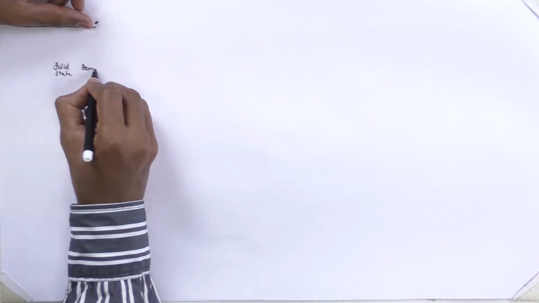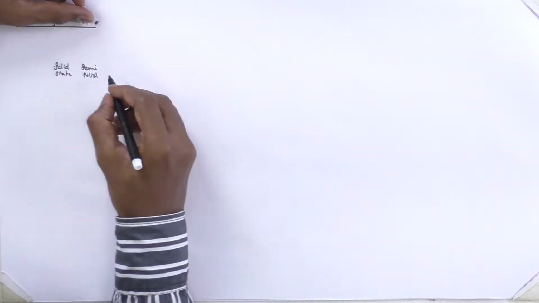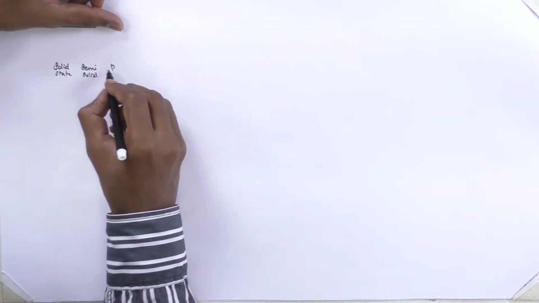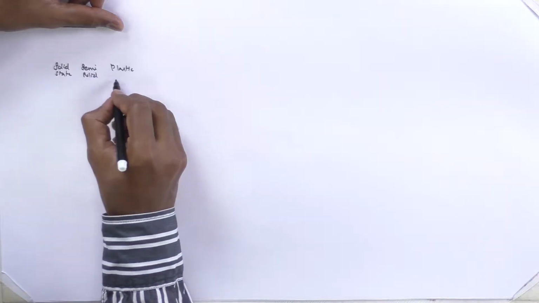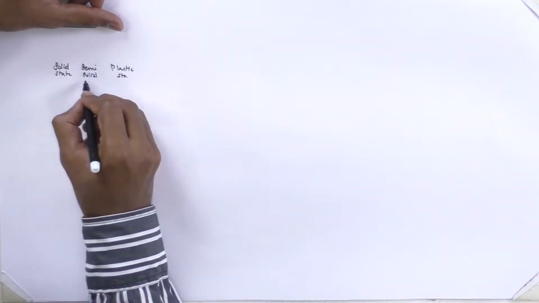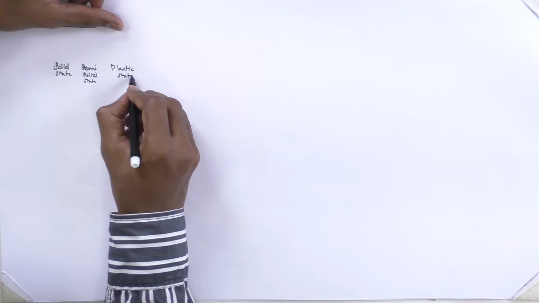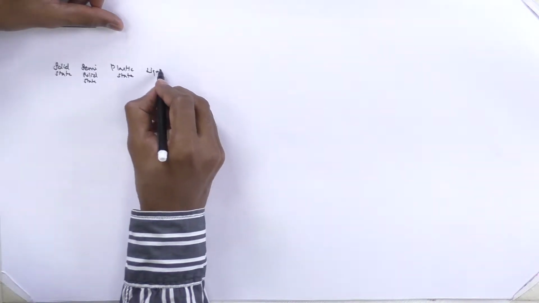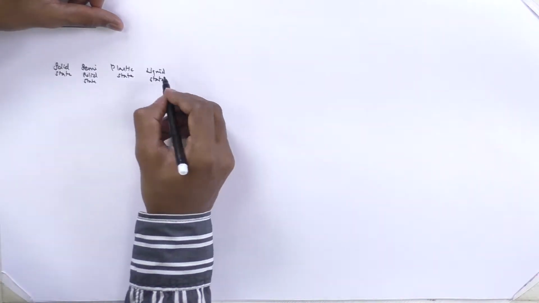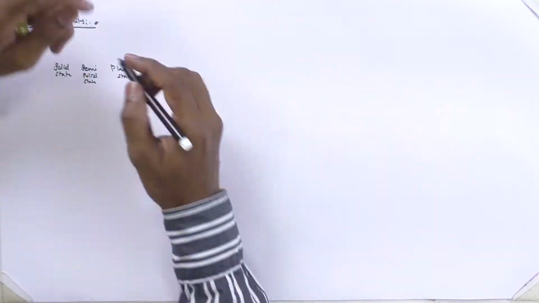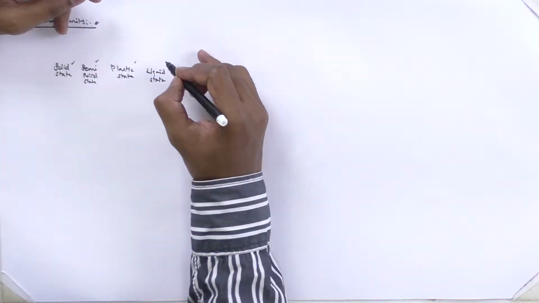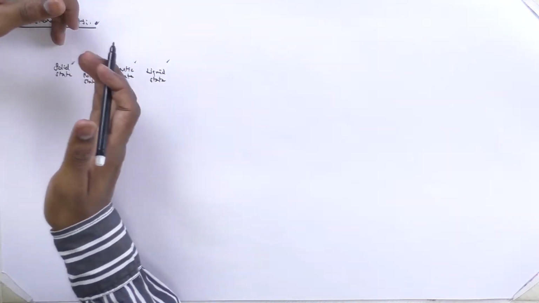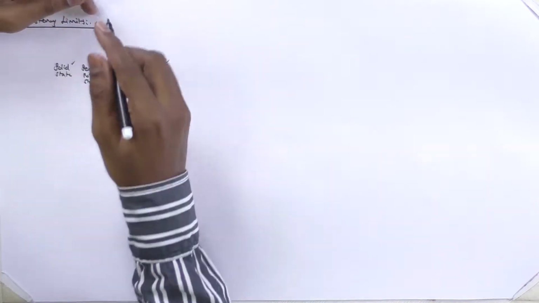Solid state, semi-solid state, plastic state, and liquid state. These are the four different states a soil can be in.